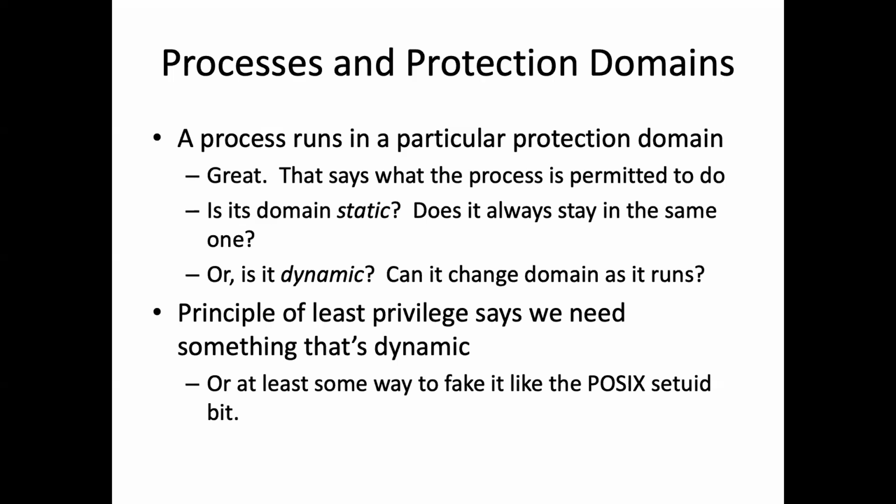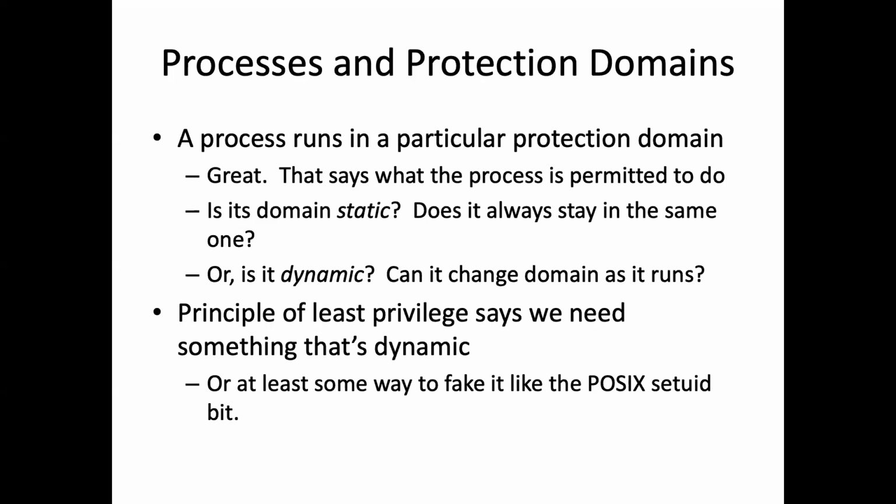But now we're talking about, to sneak in the two terms in the middle, dynamic association of a protection domain with the process. That means what we're talking about right now. As a process runs, it would be nice if the OS could let it temporarily have elevated permissions, and then later it might have reduced permissions as it ran.